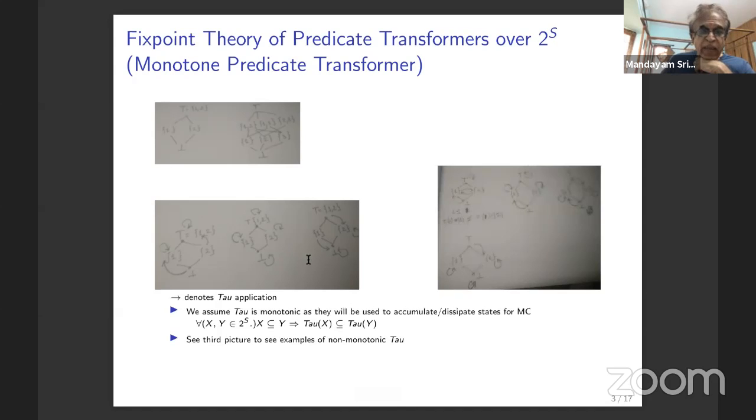On the right side, I hope you can read it, are cases where tau is not monotonic.